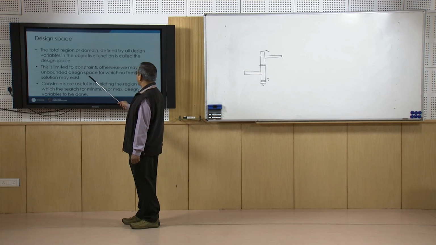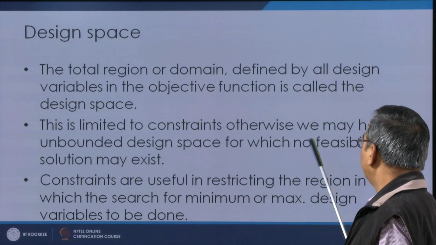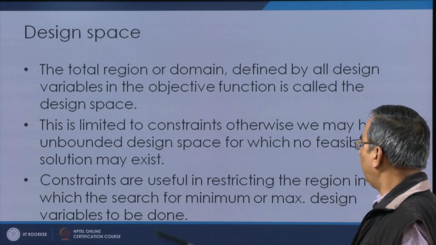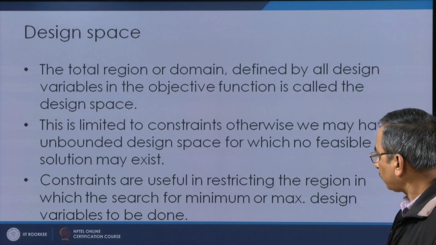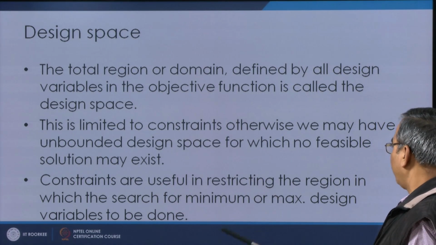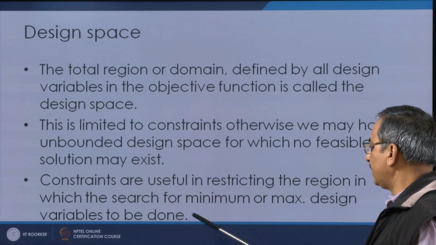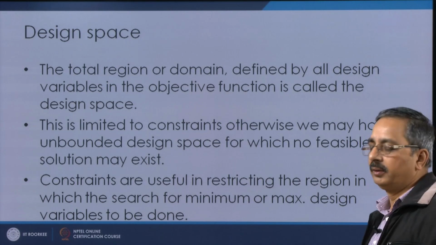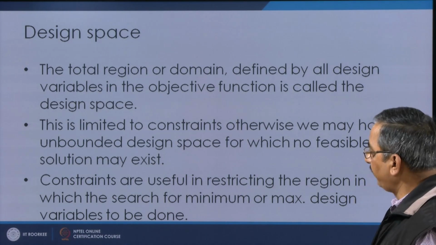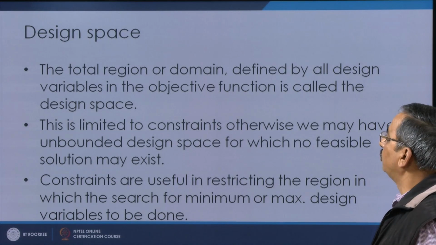If there is no constraint, we have an unbounded design space, and then no feasible solution may exist. Constraints are useful, as I said, in restricting the region in which the search for the minimum or maximum design variable is to be done, and that way it helps us in finding the optimal solution.